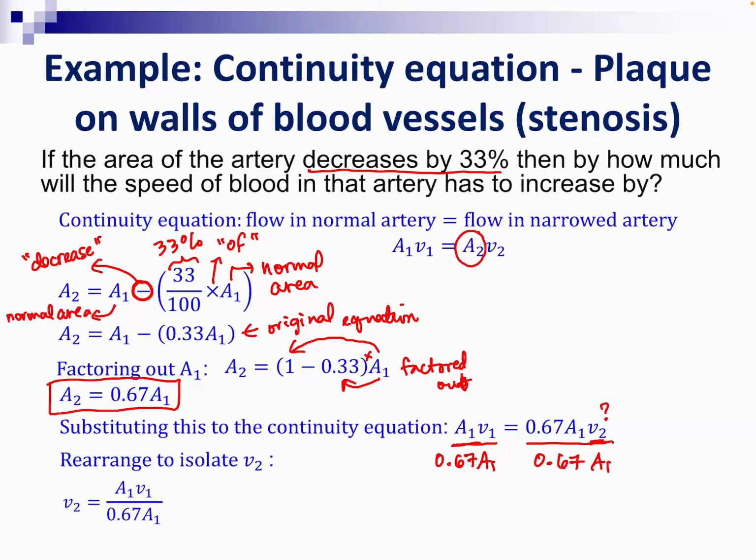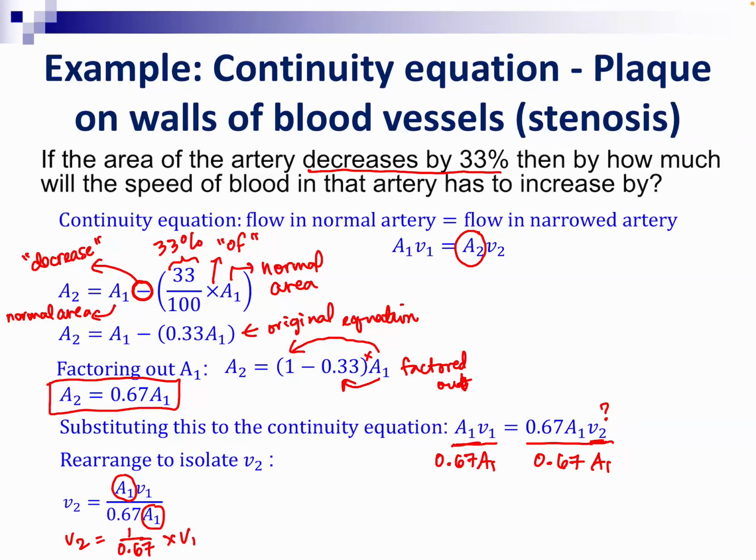Right? Okay, so we can simplify this because A1 appears in the numerator and denominator. So A1 divided by A1 is just equal to 1. Therefore V2 can be written as 1 divided by 0.67 times V1.